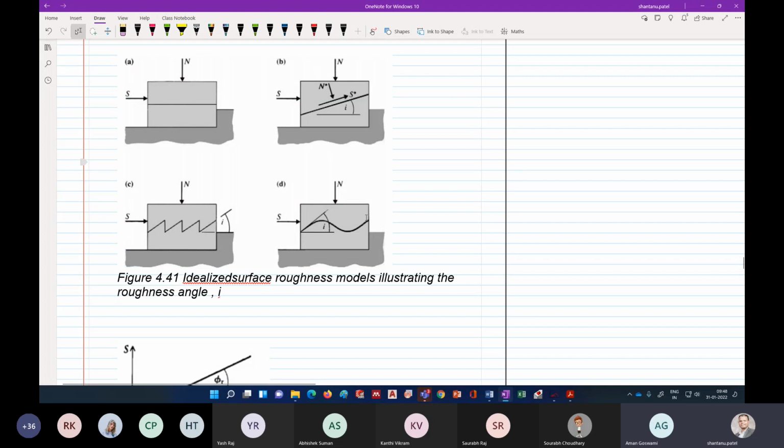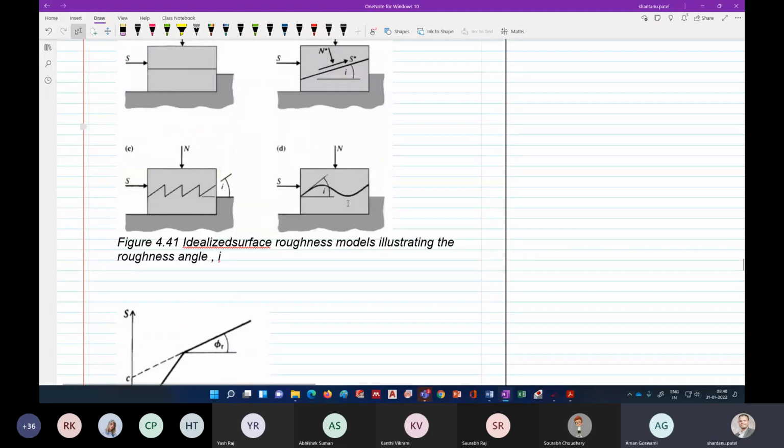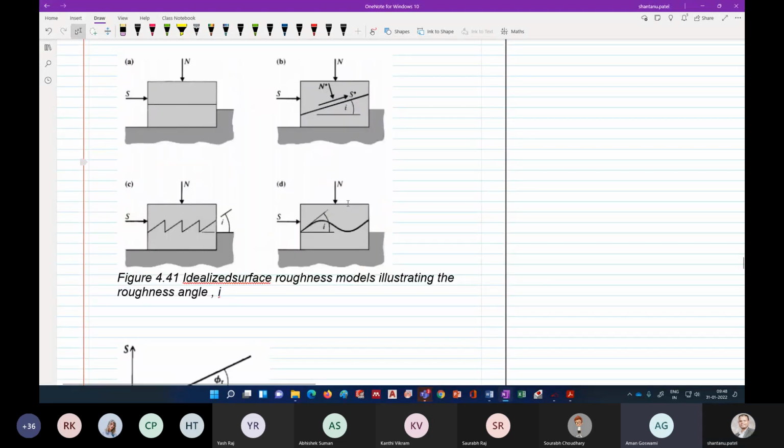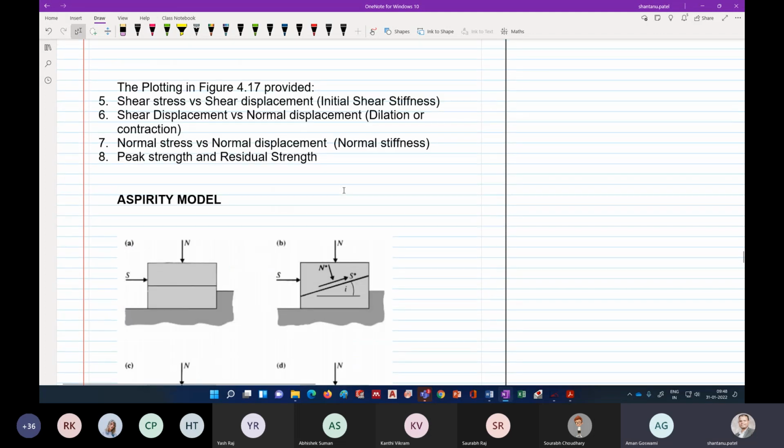Let's quickly finish this. One thing I just want to say, there is something called the asperity model, right? It says, let's say you have a smooth joint, and this joint has some friction angle, fine, and on top of that, it has some asperity, something going like this.